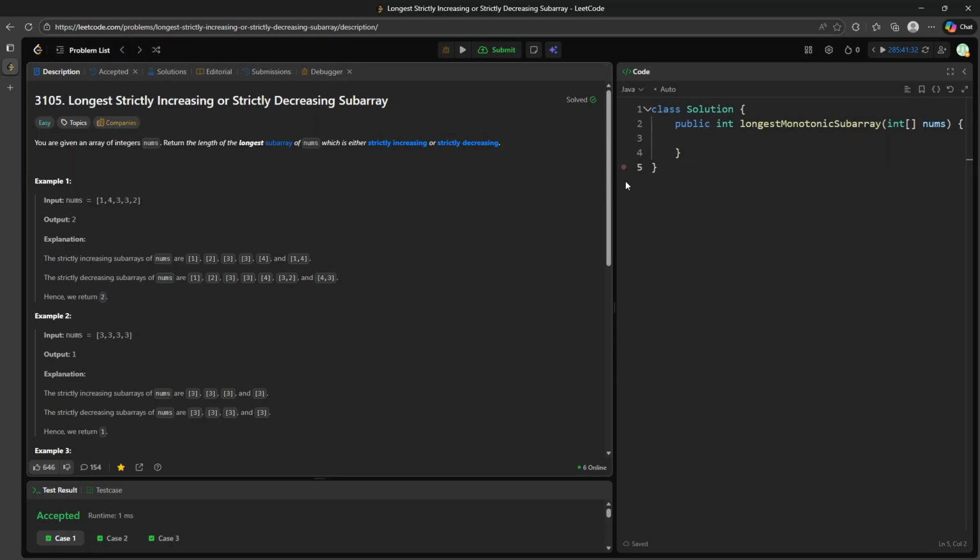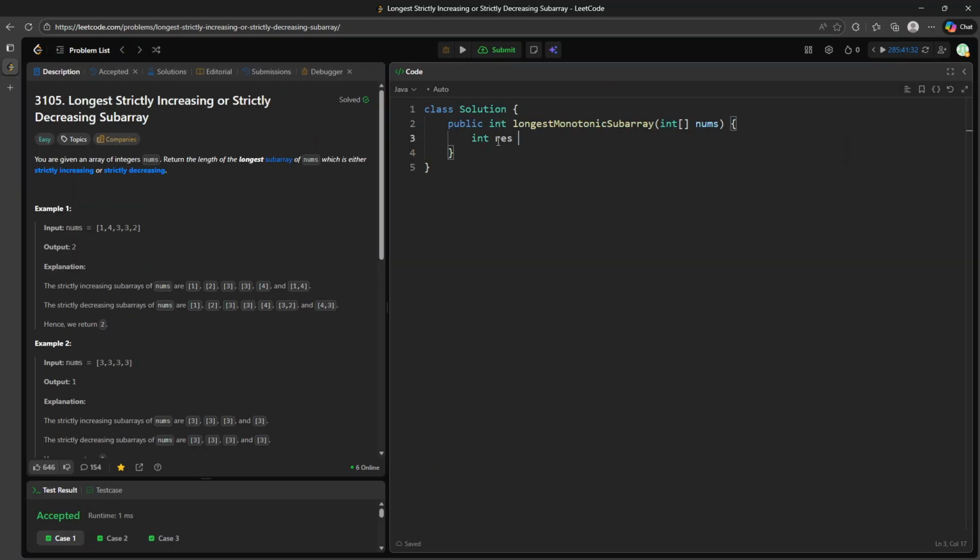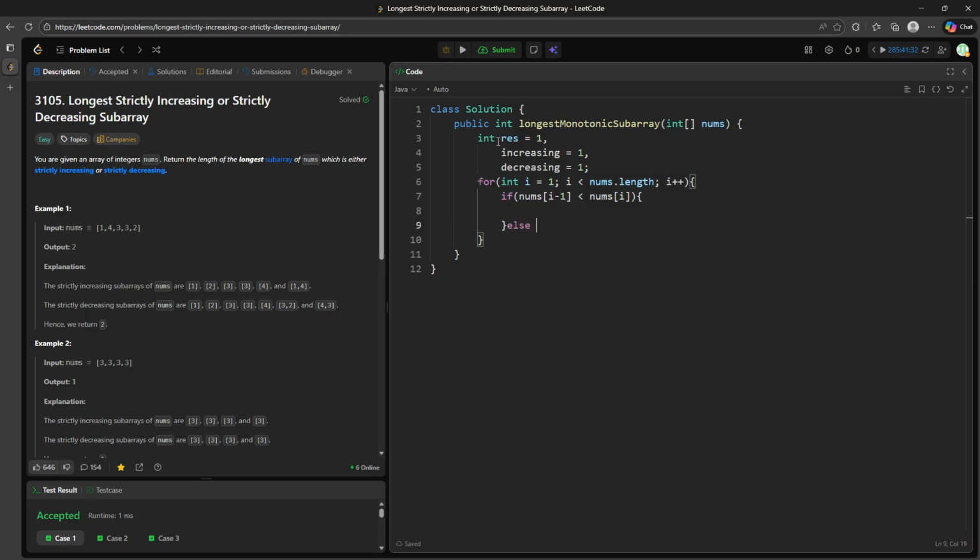So let me write it down. int result equal to 1, increasing equal to 1, decreasing equal to 1. So I can start from 1. What I can do is compare I minus 1 with I. So this is considered increasing, right?